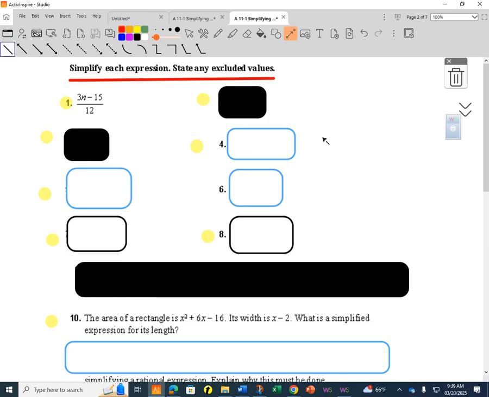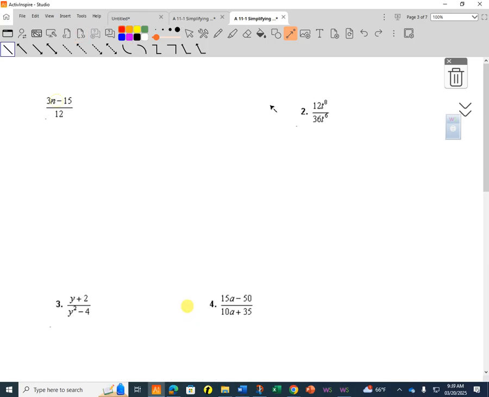So that first example, go ahead and write that first example, 3n minus 15 divided by 12. I'll put them over here so they have a little bit more room.